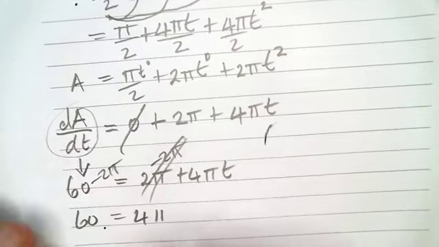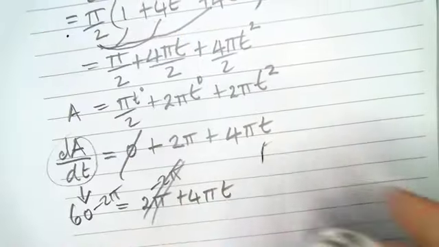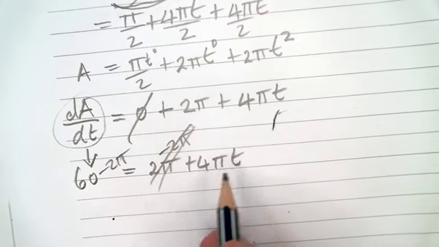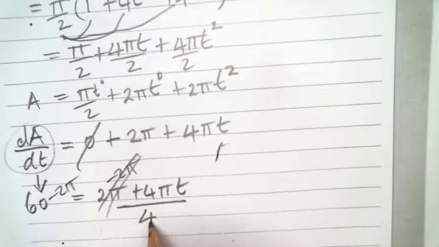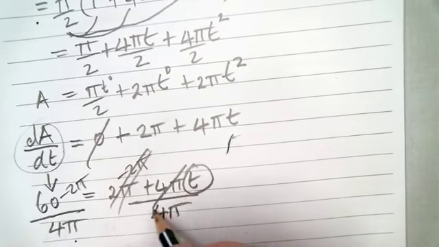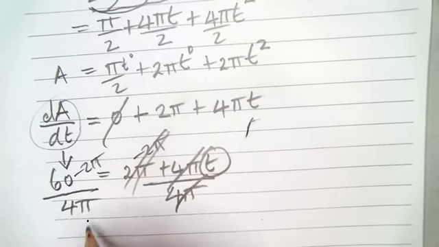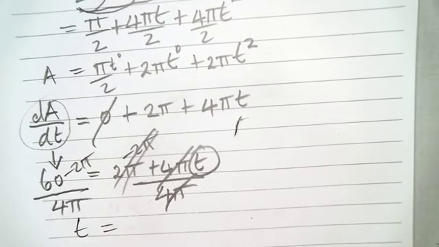In fact, tell you what, let's do it like this. So I've got 60 minus 2 pi, and I'm going to divide this by 4 pi and all of that by 4 pi, and that will just leave me with a t. So t, therefore, is equal to all of this.